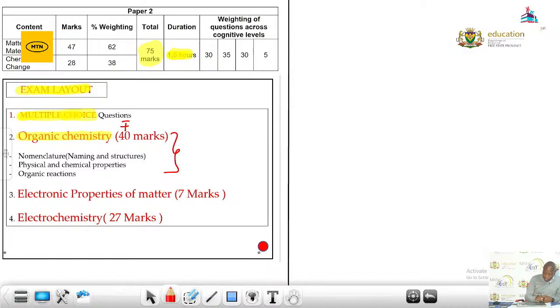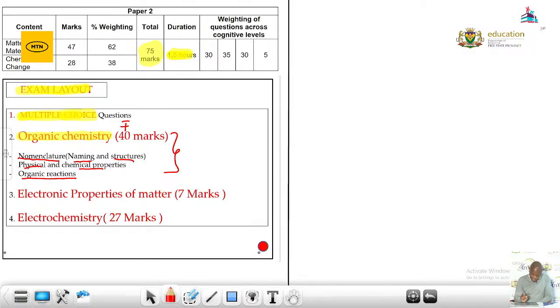In organic chemistry, we have nomenclature, which is naming and structures, physical and chemical properties, and also organic reactions. Further in my presentation, I will get deeper on how to approach nomenclature, physical and chemical properties, as well as the organic reactions.